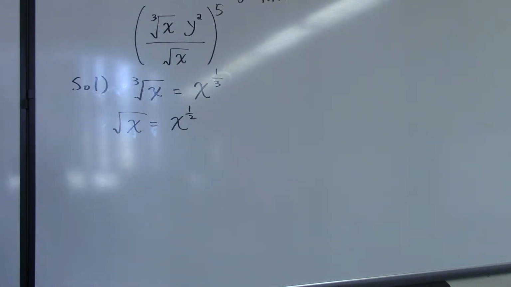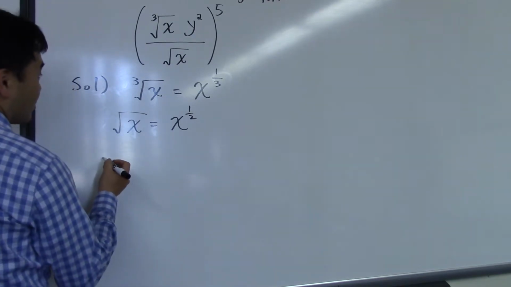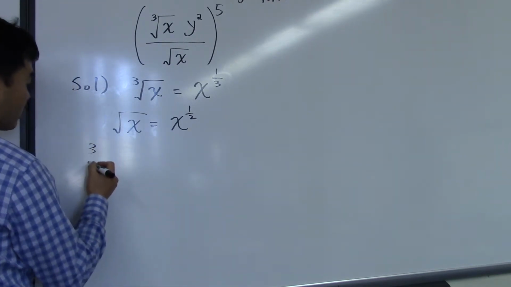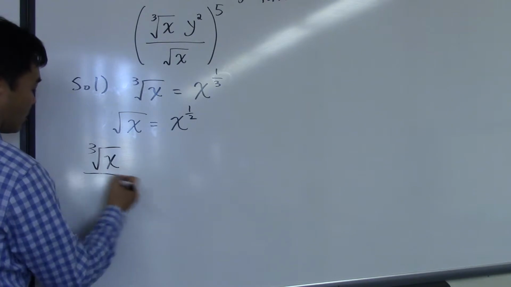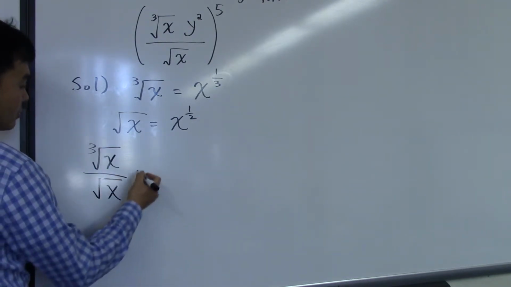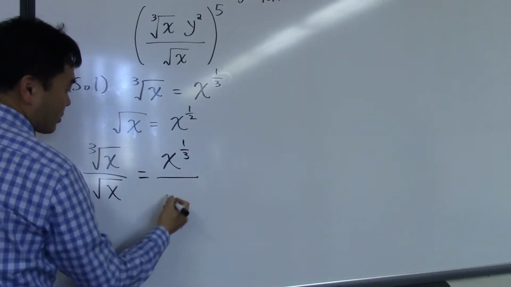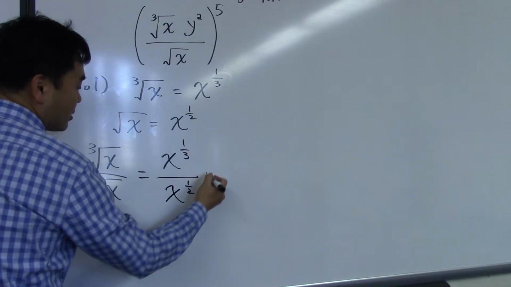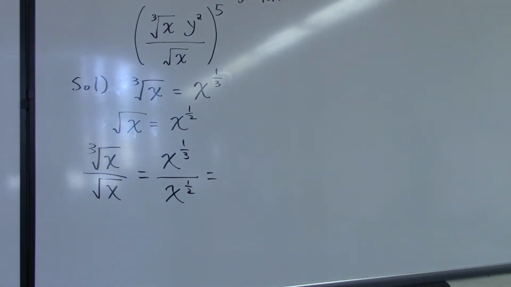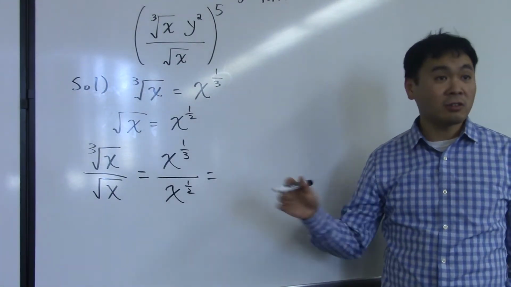Okay? All right. Now, the next question is, how can you rewrite cube root of x divided by square root of x? This is x to the 1/3 power over x to the 1/2 power. And what's the rule for division? The exponents subtract, right?